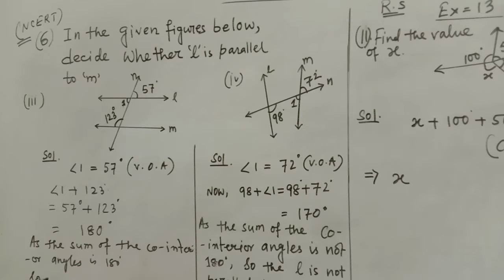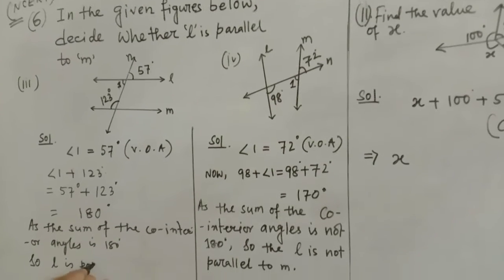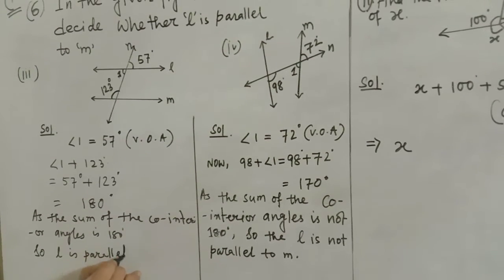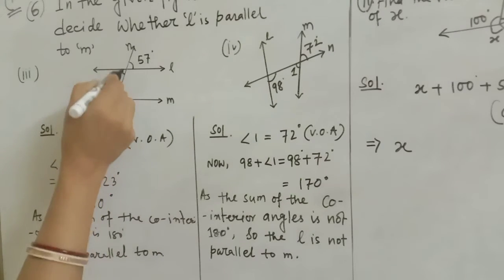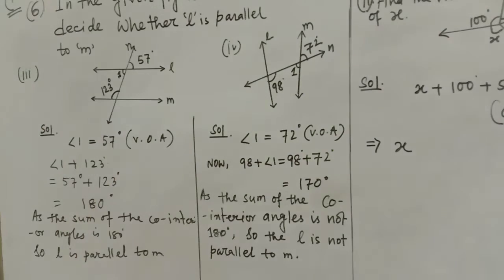So L is parallel to M. So the lines which are making these co-interior angles are parallel.